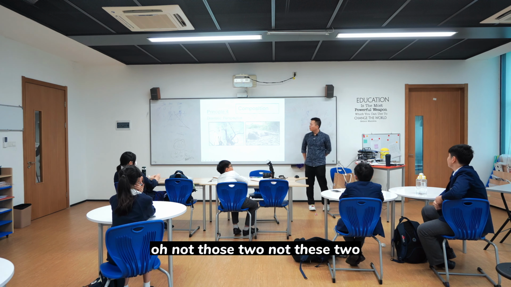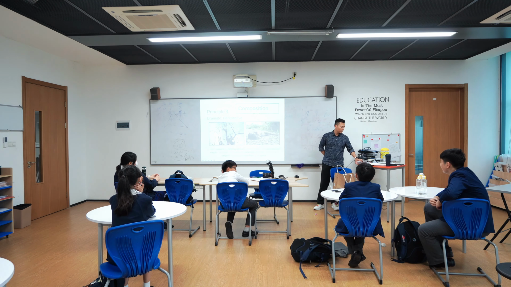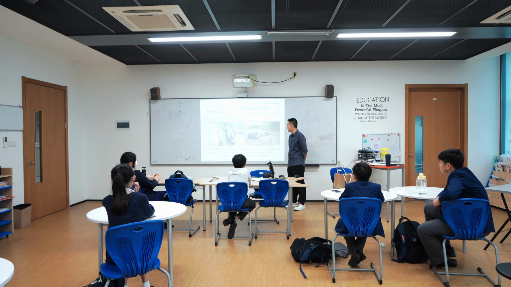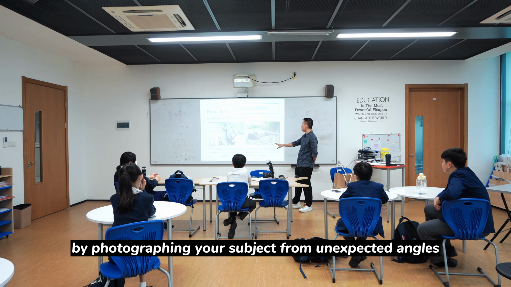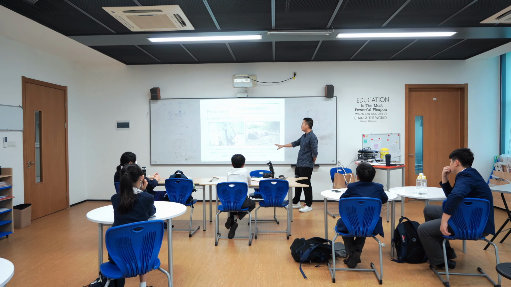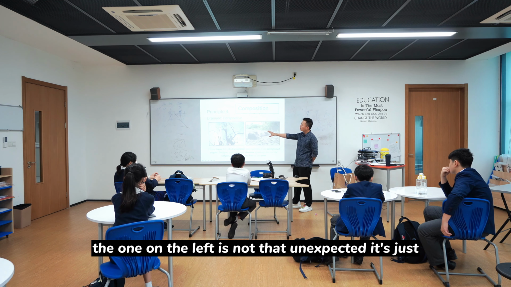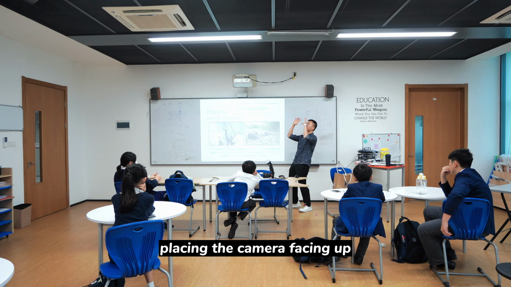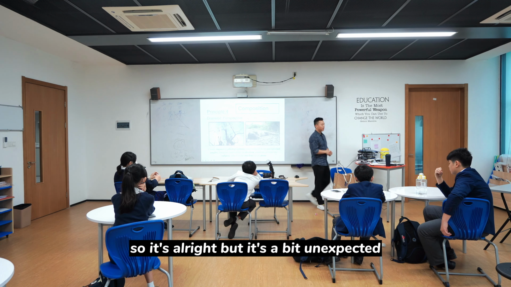Oh, not those two. 你觉得可能吗？ So create impact by photographing your subject from unexpected angles. Although it uses the words unexpected angles, the one on the left is not that unexpected. It's just placing the camera facing up. So it's alright, but it's a bit unexpected.